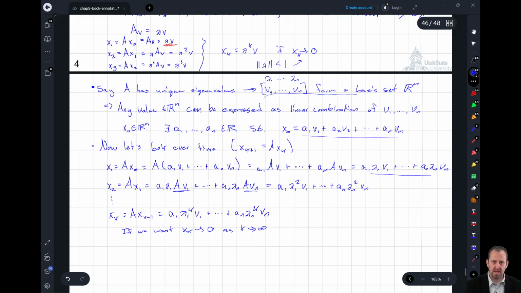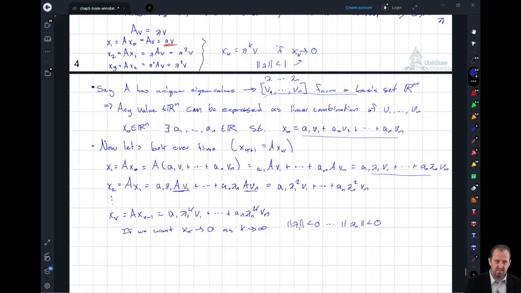If we want that to happen, then for any x naught, we better have that the magnitude of lambda 1 is less than 1, all the way up to the magnitude of lambda n is less than 1. If all of these are less than 1, then we're going to converge.